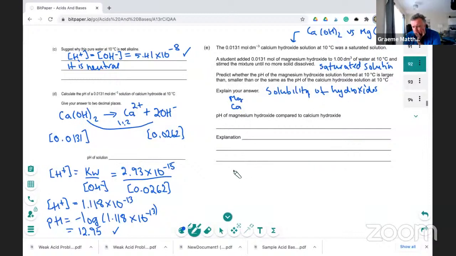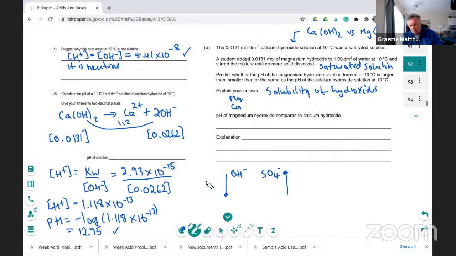Is it the hydroxides versus the sulfates? Doesn't the solubility of the hydroxides increase going down the group, and the sulfates increase going up the group?